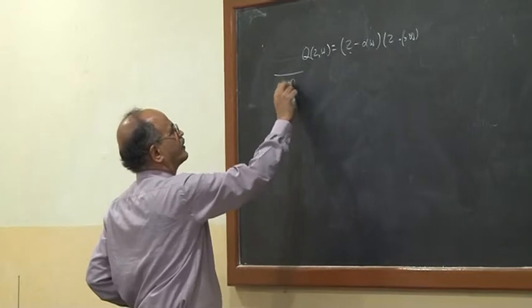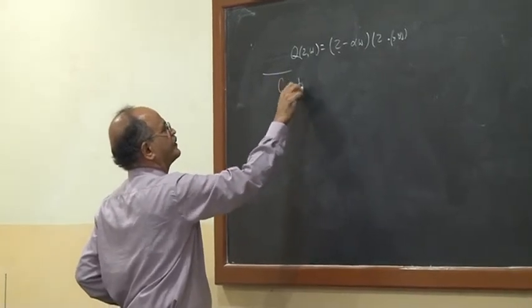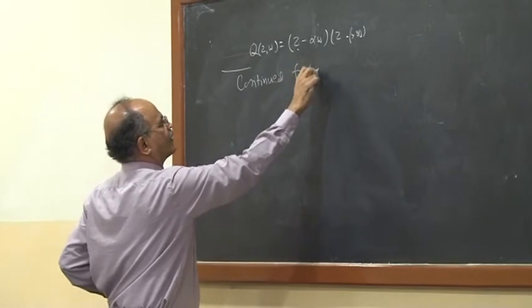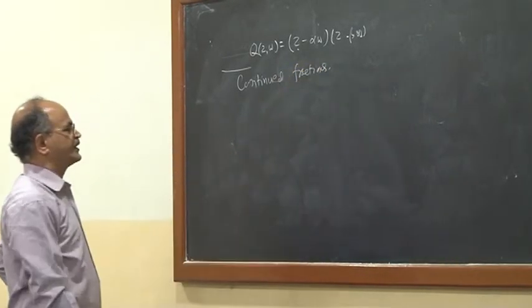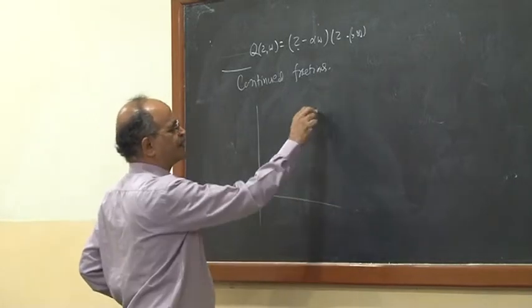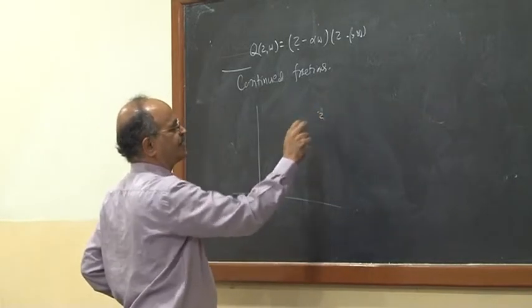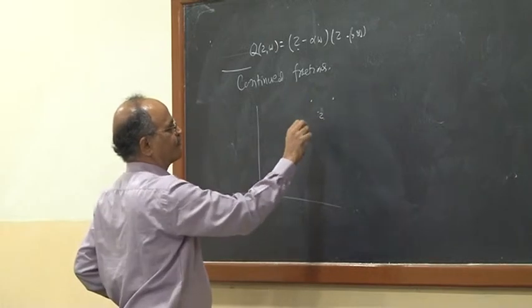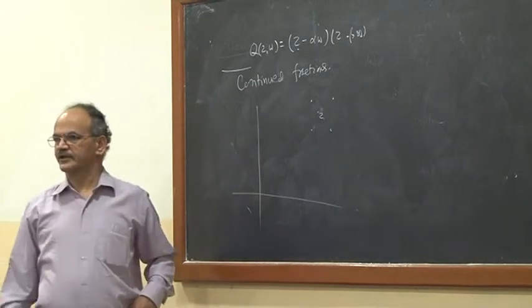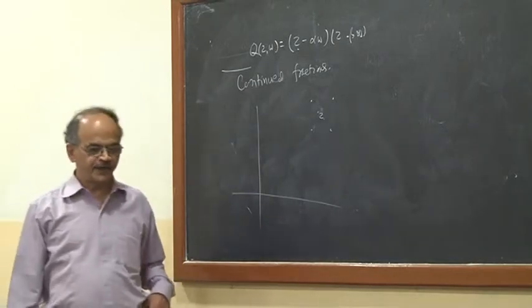So first of all, continued fractions for complex numbers. Let's have this explained. We have some numbers here, and there are four Gaussian integers that you find near them.